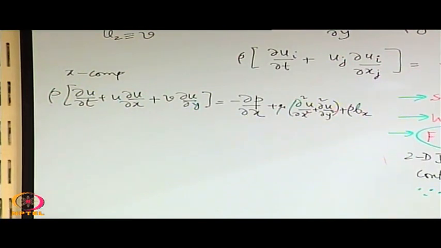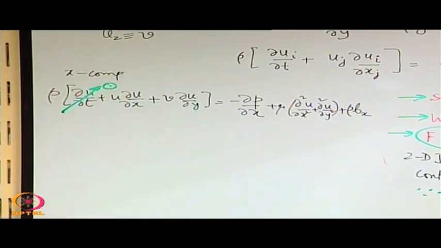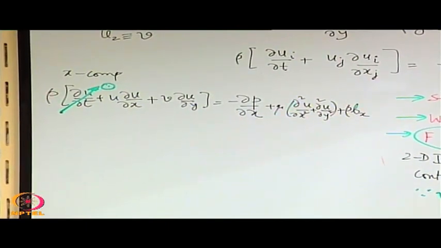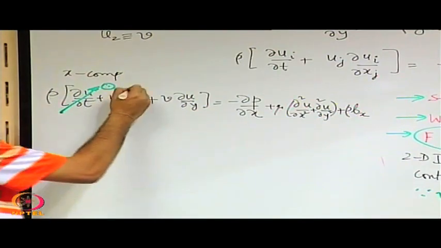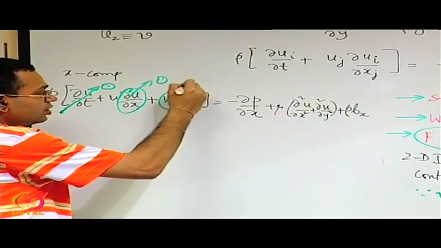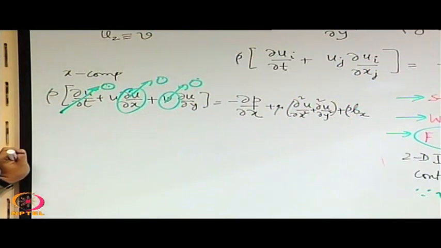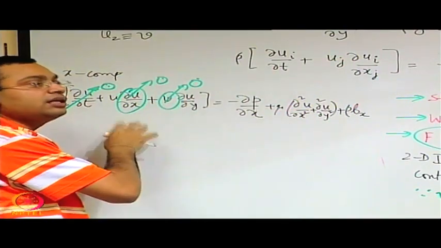So let us substitute different terms. First, steady flow, so the first term is 0, then the next term, fully developed flow, so this is 0, because of fully developed flow V is 0, so the entire left hand side becomes 0, and that gives a lot of advantage because now the non-linear partial differential equation has become a linear equation.